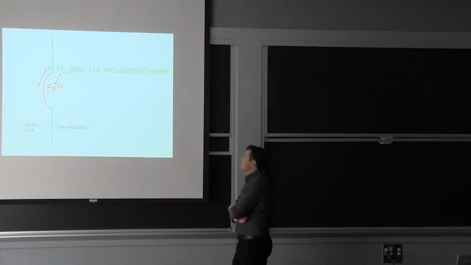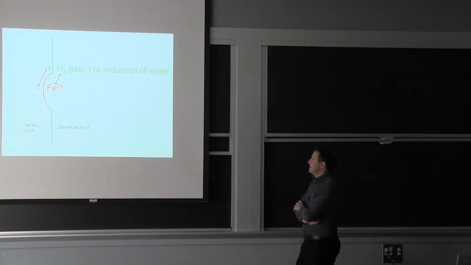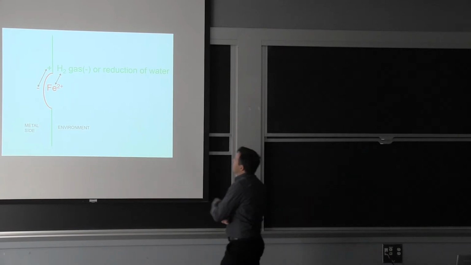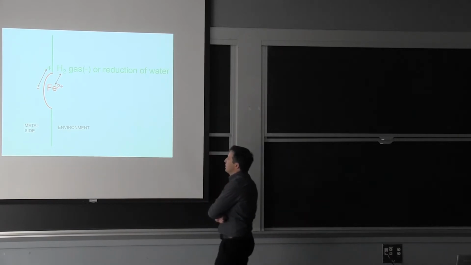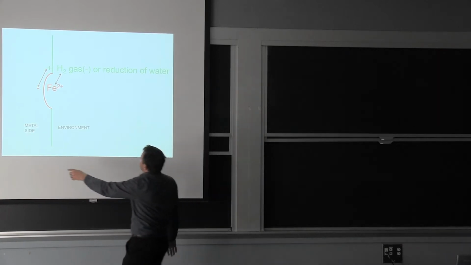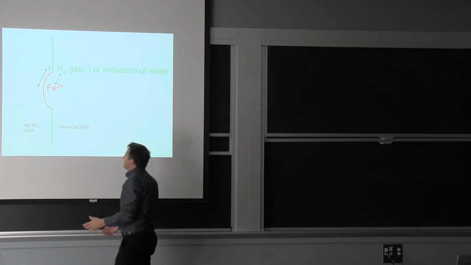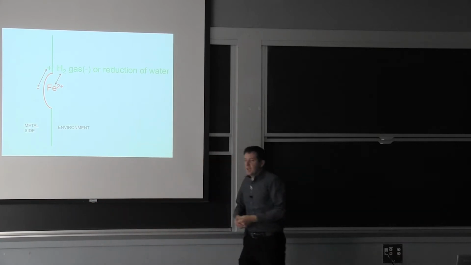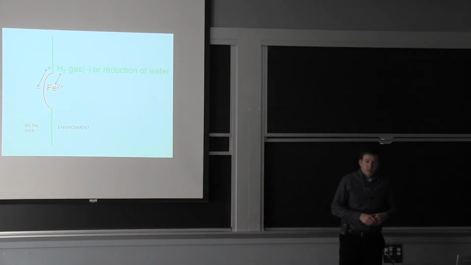And that reaction is essentially to ionize the metal, and then you have a corresponding reduction reaction on the surface. So you have your anode in red here, and you have your cathode in green. And what happens at the cathode, as I said, depends a little bit on the environment.